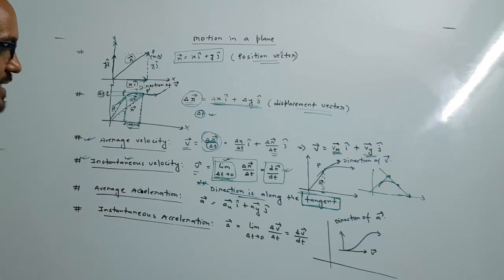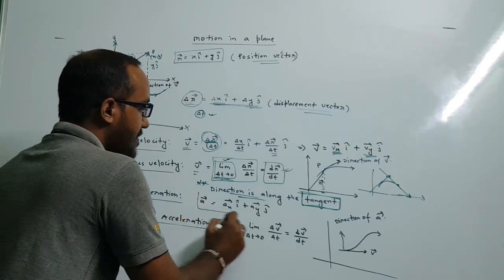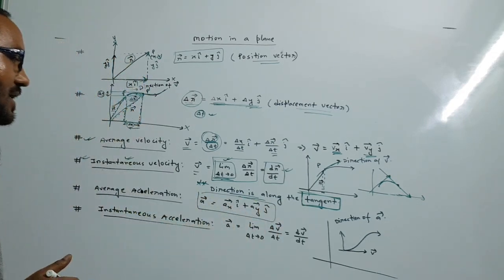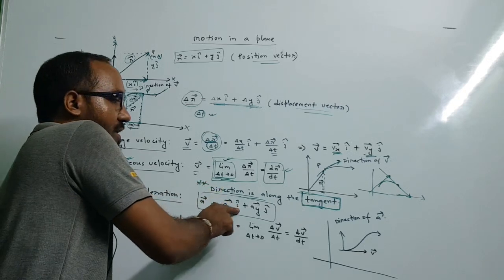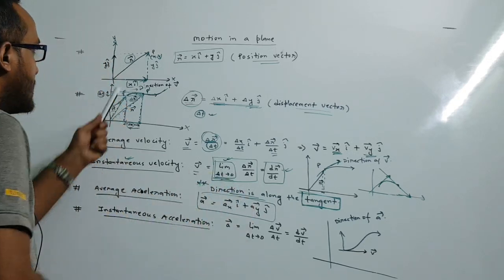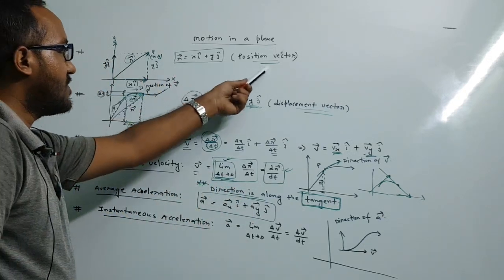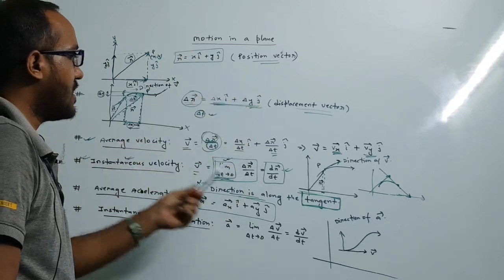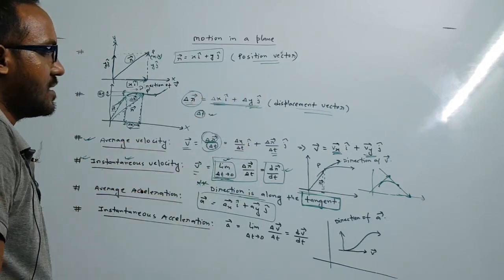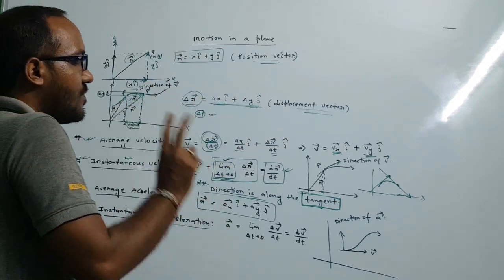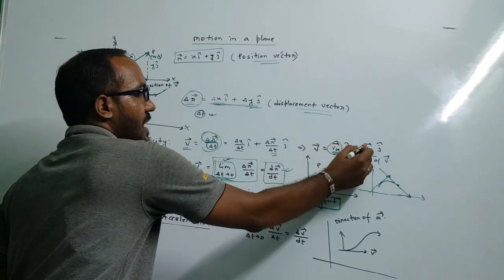Now move forward to average acceleration. Acceleration in a plane you can apply as x component and y component. See, in displacement vector, position vector or velocity vector, you will always have two components, that is, x component and y component.